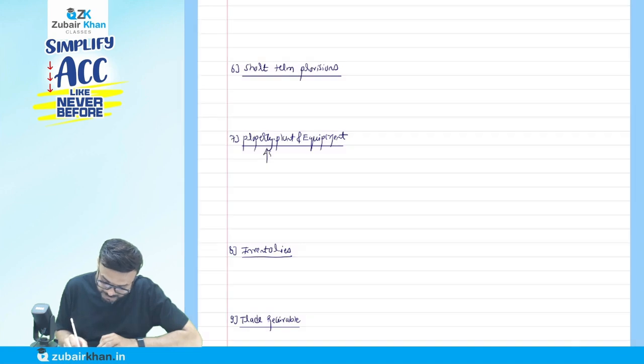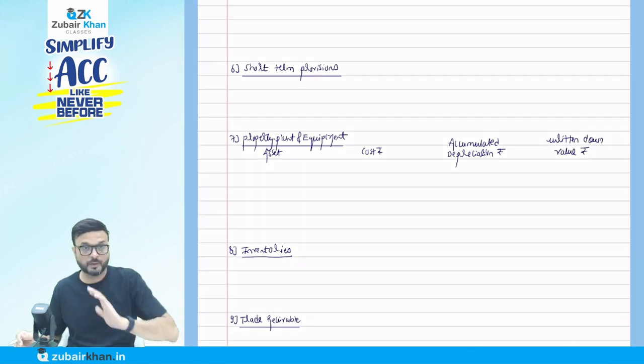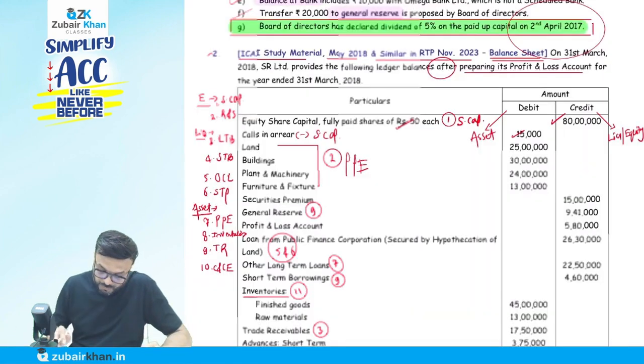Give the heading there: asset, cost, accumulated depreciation, and here written down value. Okay, so asset, cost, accumulated depreciation, and written down value.